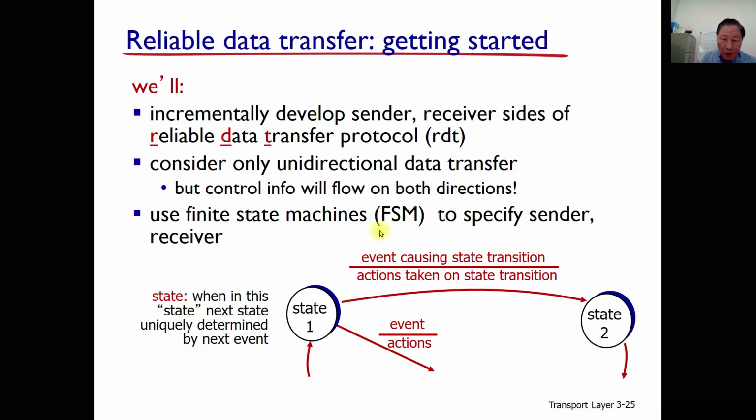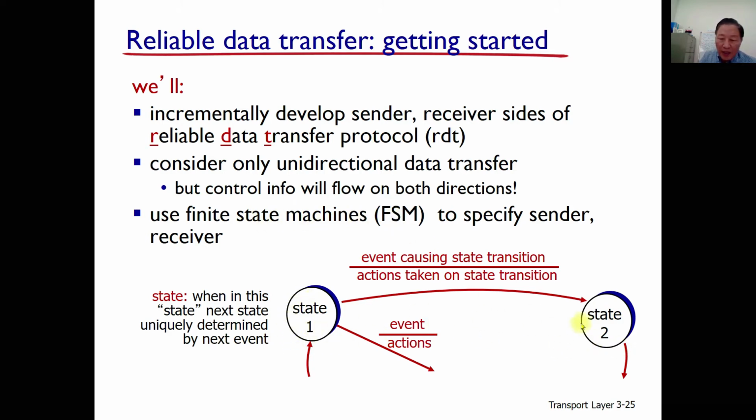This scheme may be used to design and develop our protocol. In this finite state machine, the definition of a state is that when in this state, the next state is uniquely determined by the next event. The whole number of states is finite. That is called the finite state machine.